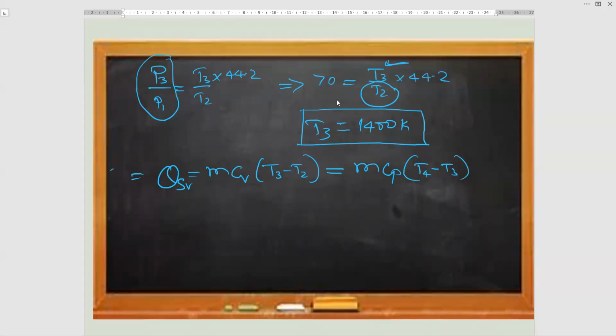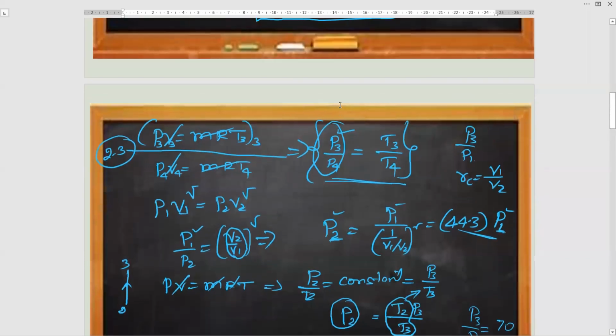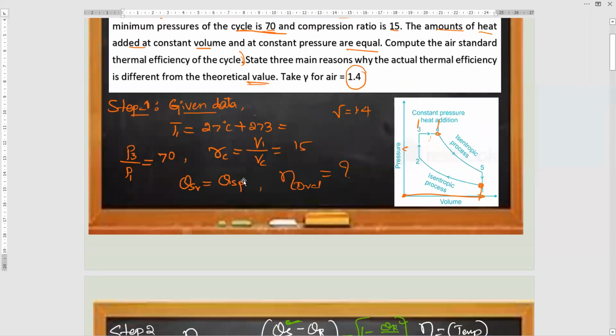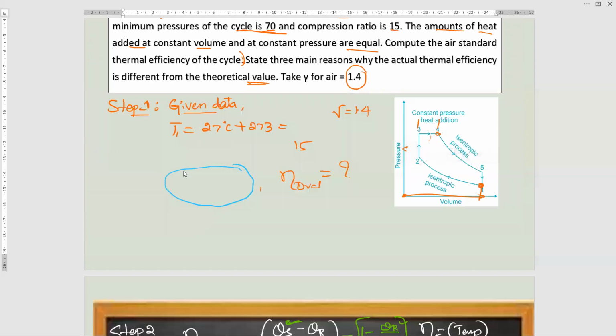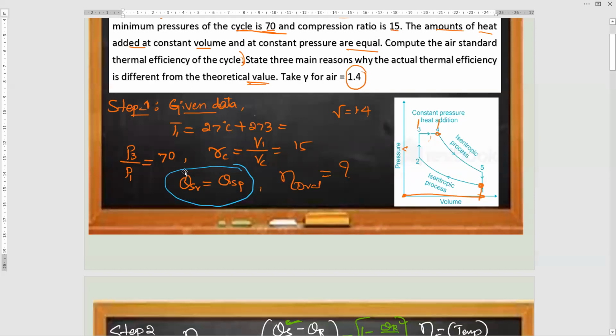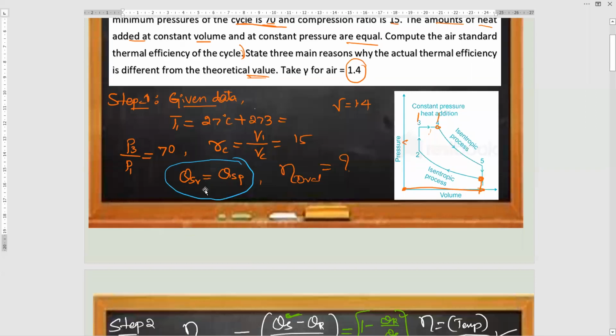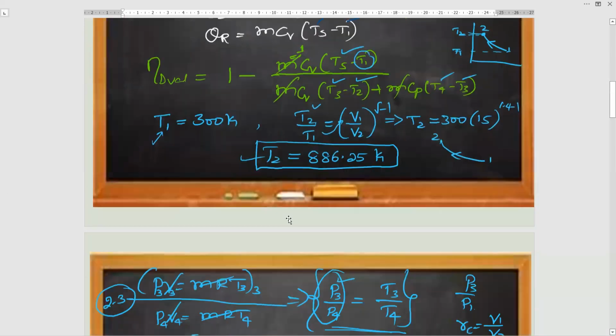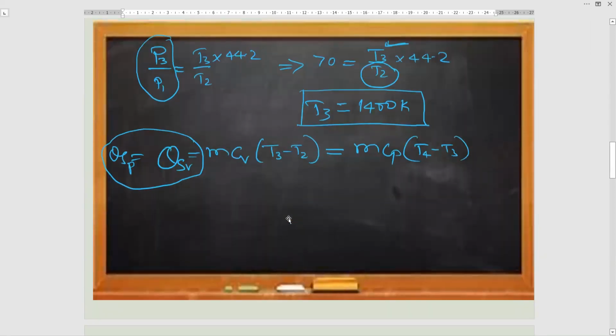This is the condition he has given: heat supplied at constant volume is equal to constant pressure. Let me go to the first page and I will show you what data he has given. See here, heat supplied at constant volume is equal to constant pressure. This is the data. So using the equations of heat supplied, I am writing this equation.